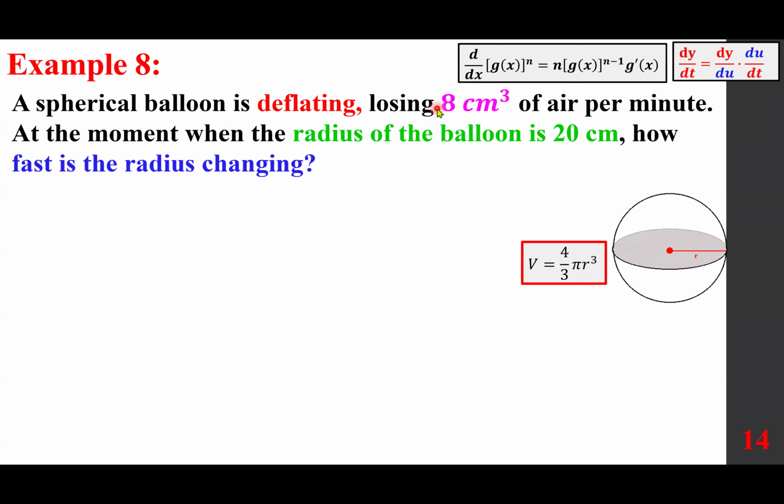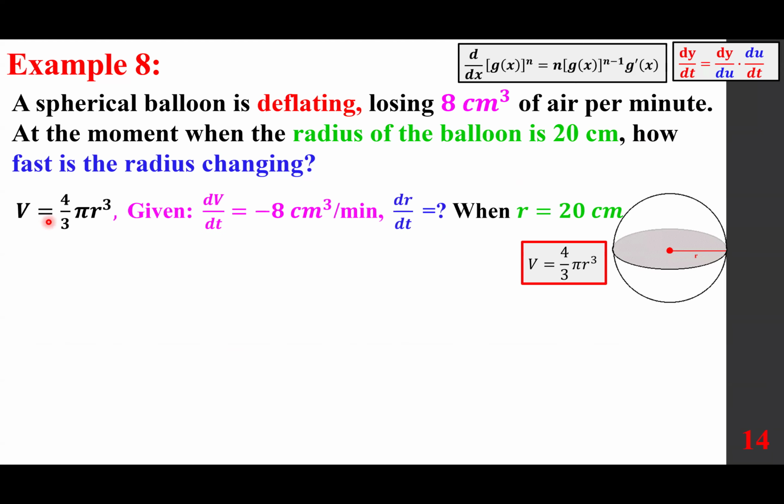And at the moment when the radius is 20, when r is 20, we want to know what's dr dt, how fast is the radius changing. So we're going to write the formula for the volume, 4/3 pi r cubed. Given dV dt is negative 8 cubic centimeters per minute, missing dr dt at the moment that the radius is 20 centimeters.